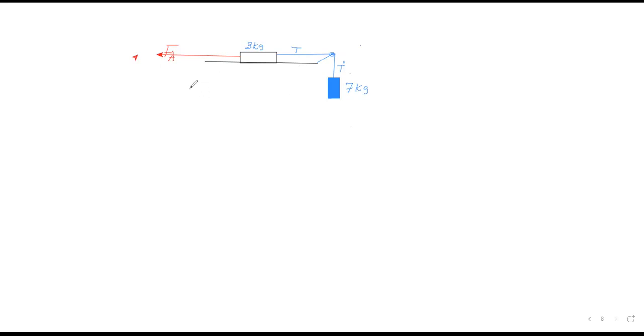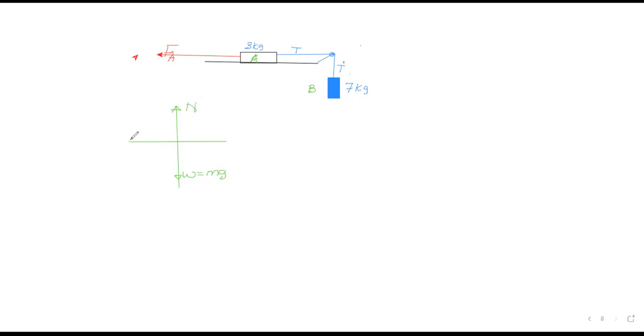Now let's first draw force diagrams here, or free body diagrams for, let's call this mass A and call this the mass B. Now for A, we will have the obvious weight, and we have the weight here, and that mass equal to the normal there.